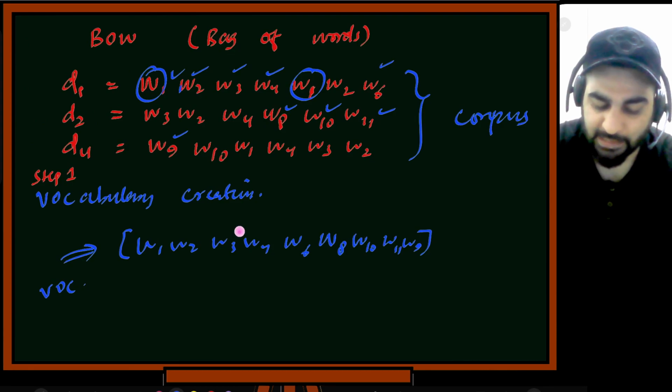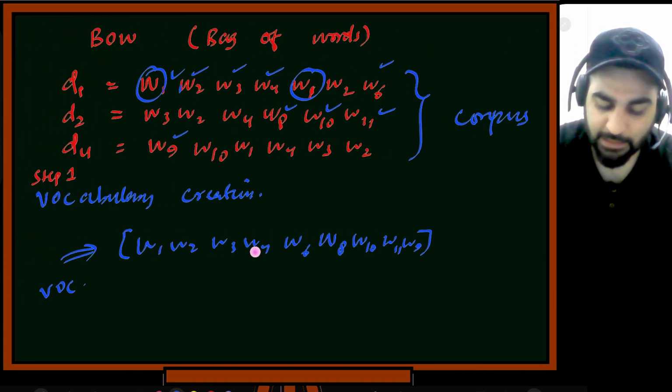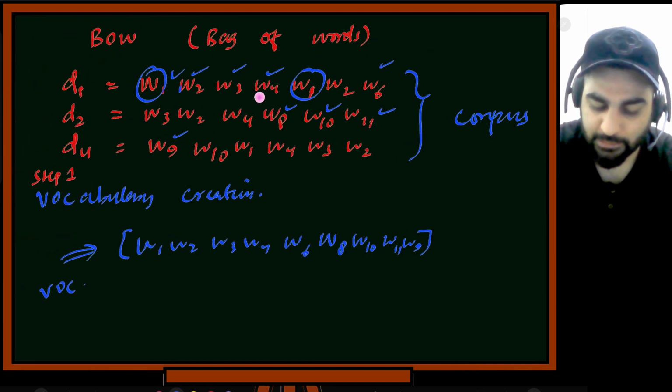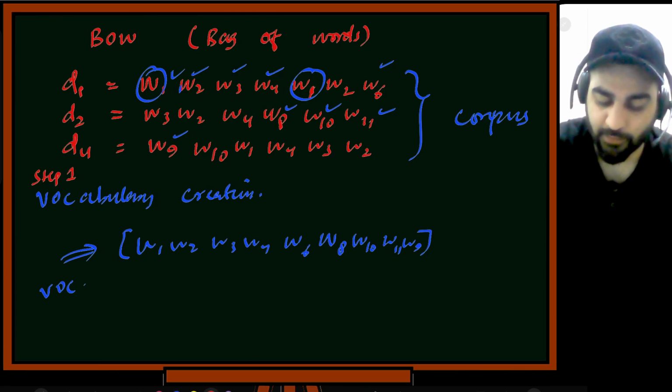Then you will see W3. W3 is present 1 time over here, so you write 1. Then W4. Let's suppose this is W4.